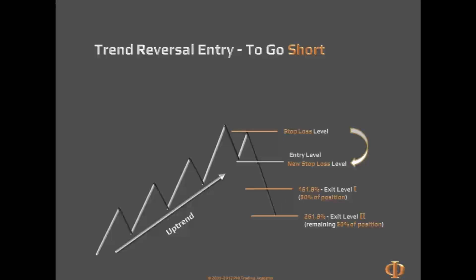Okay, so in a nutshell, this is a simple, but believe me, a good system that has positive expectancy. It has an entry level, it has a stop loss level, and it also has targets. This is what the anatomy of a good system is.